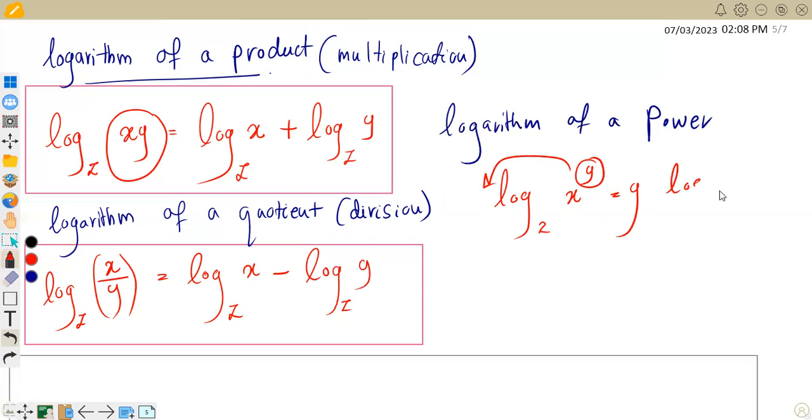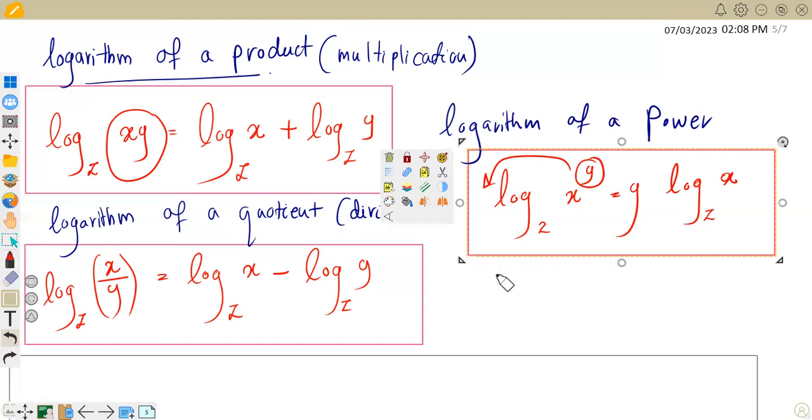Then logarithm of x to the power of y to the base z equals y times logarithm of x to the base z. These are the 4 log rules that you should know when you are going to solve logarithm related questions.